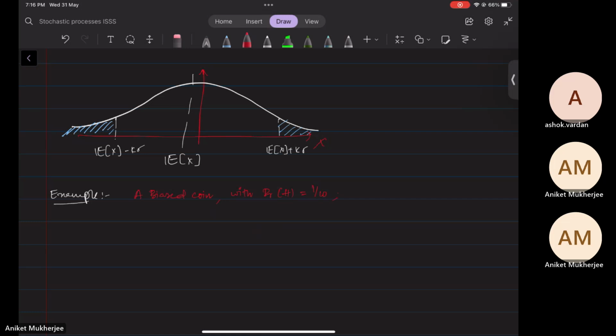So the probability of getting a tail is 9 by 10. It is flipped 200 times. Give an upper bound on the probability that it lands head at least 120 times.